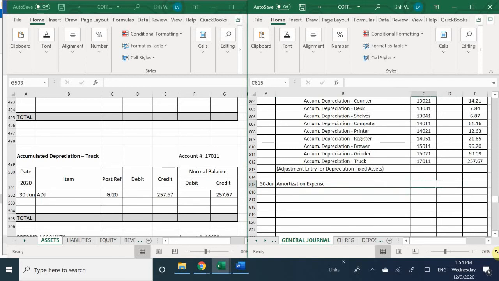That is the amortization expense, right? Number 66500. And what is the credit going to be? That is going to be the accumulated amortization goodwill, 19101.